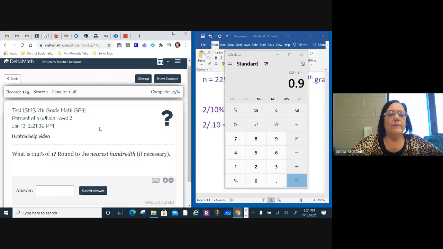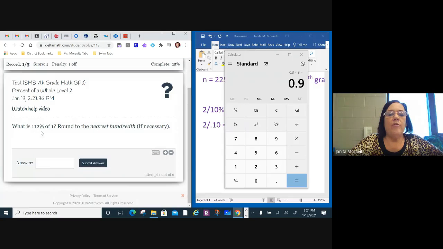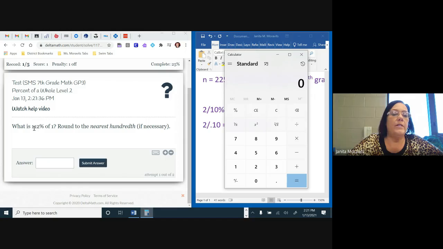Let's look at one more. What is 112% of 1? Round to the nearest 100th. Okay, well, this is one of those tricky ones. Now, you still move your decimal 2 places to the left. This is more than 100%, but it works the same way. 1, 2. So you're going to have 1.12, and then of 1.